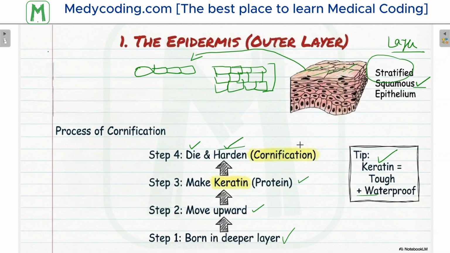That is known as cornification. So the skin's outer part, as you touch it, is the hard part, okay? That outer layer is the hardened layer because of the high amount of keratin protein. So this process of making the keratin, dying, and becoming hard is known as cornification.